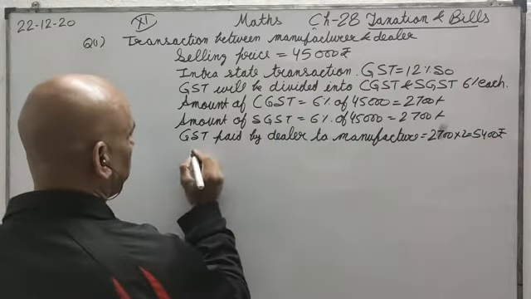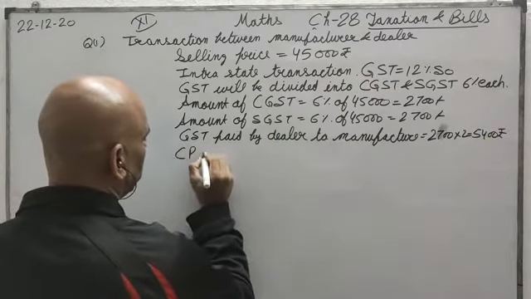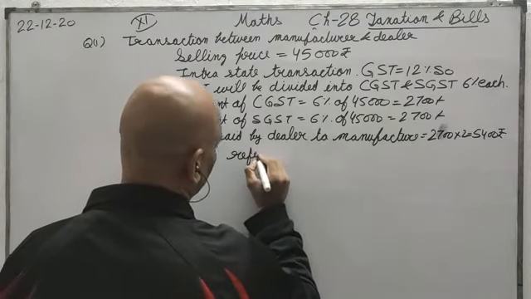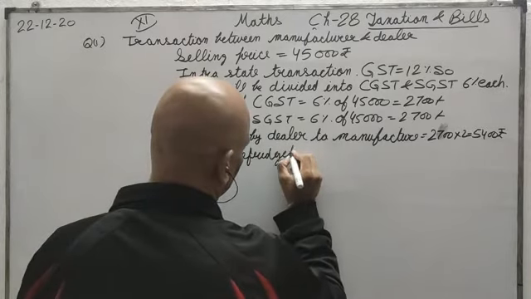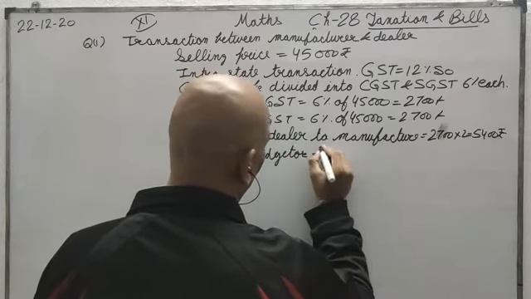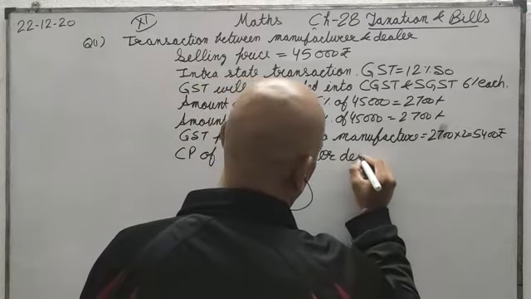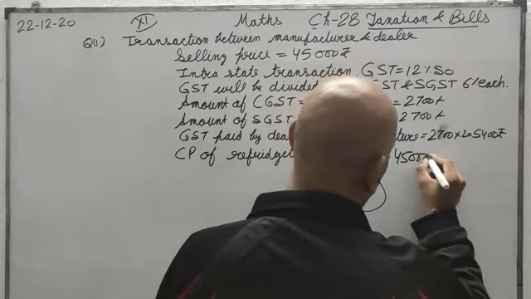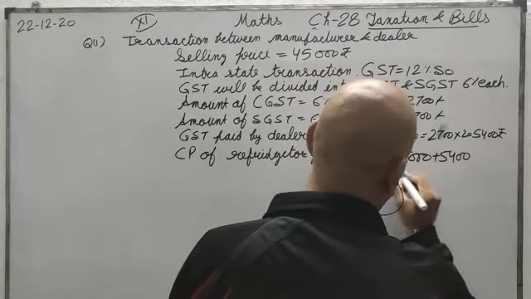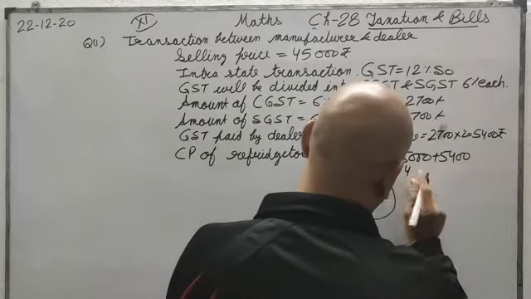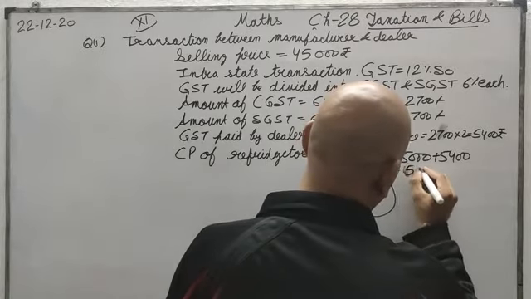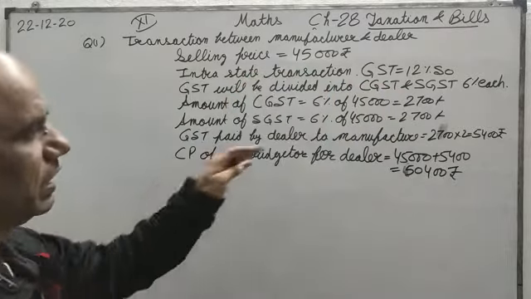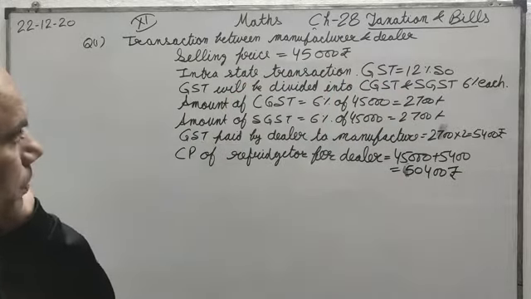So the CP of the refrigerator for the dealer is 45,000 plus 5,400, that is 50,400, and the GST paid is 5,400.